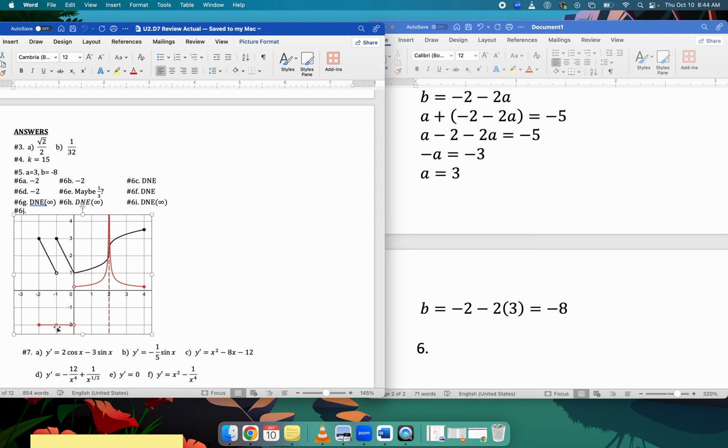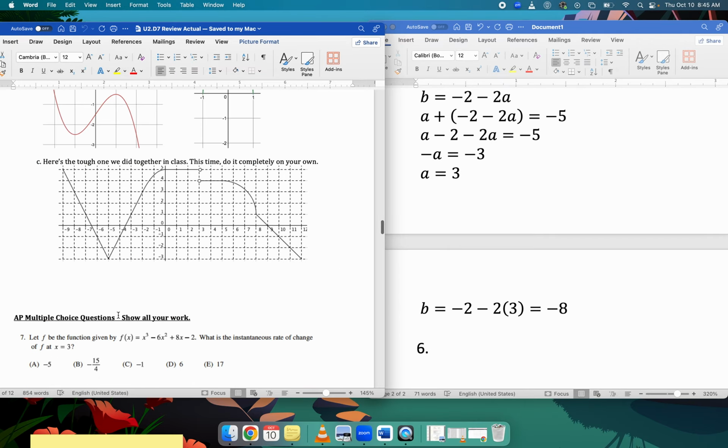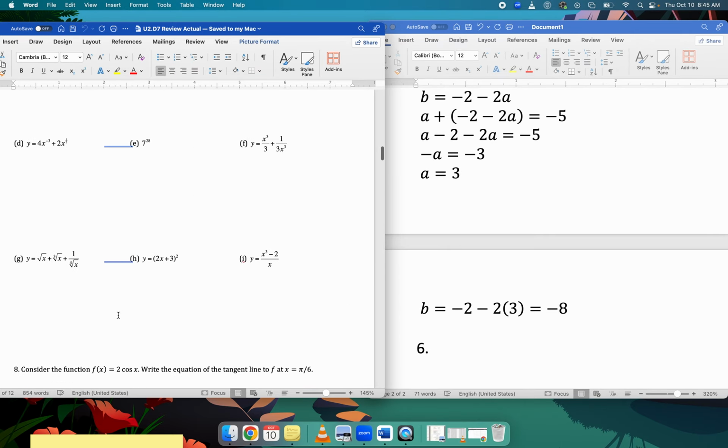So you got that hole there. And then here, like I said, at 0, there's a jump discontinuity in the derivative graph, because if you look at f prime from the left, you're getting -2, but if you look at f prime from the right, you're getting something else, maybe 1/3, right? So there's a jump there, and then vertical asymptote, just like I said. Okay, moving on.